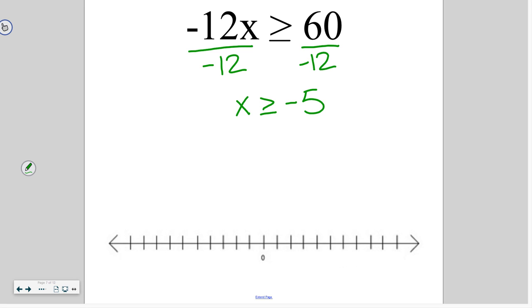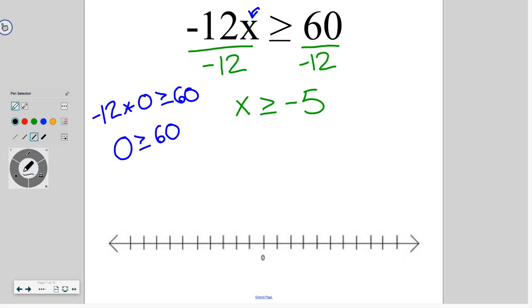So if I was going to pick out a number that's bigger than negative 5, I would get an answer of, let's say, 0. 0 is bigger than negative 5. But what happens when I plug that 0 back in for x is I would have negative 12 times 0 is greater than or equal to 60. Solving that, I get 0 is greater than or equal to 60, which is obviously not true.